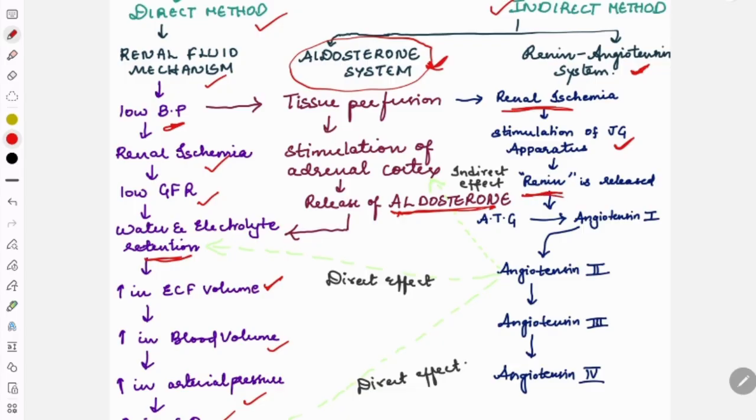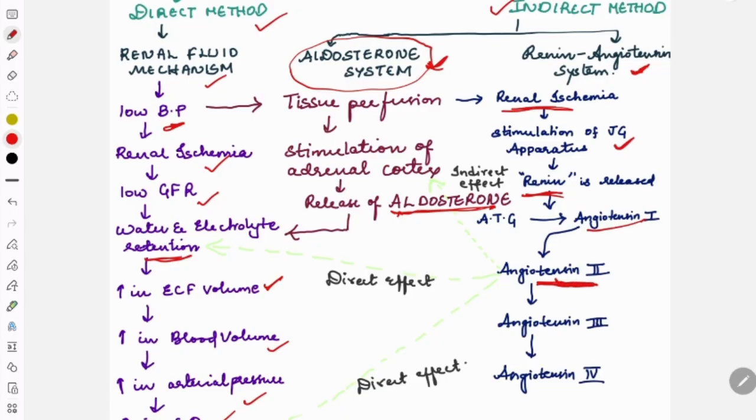Okay, this renin acts on angiotensinogen and converts it to active angiotensin 1. Again, this angiotensin 1 is converted to angiotensin 2, because it is a more powerful vasoconstrictor. So angiotensin is a powerful vasoconstrictor, and among all of these, angiotensin 2 is the most powerful vasoconstrictor.